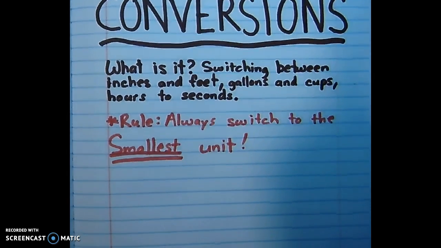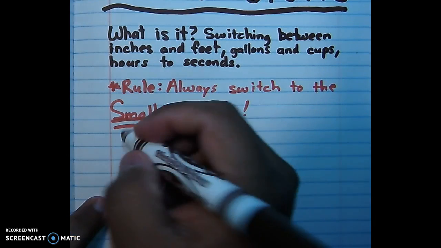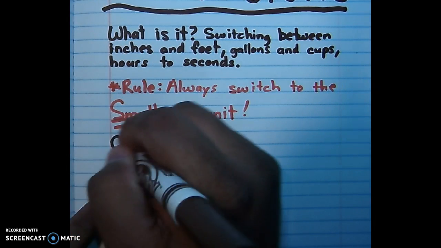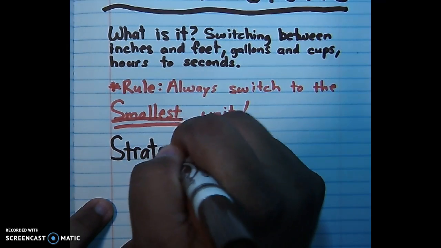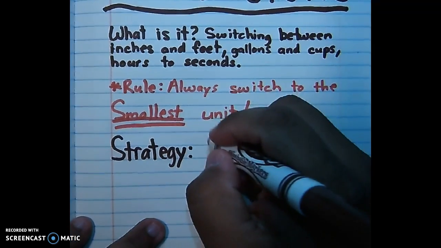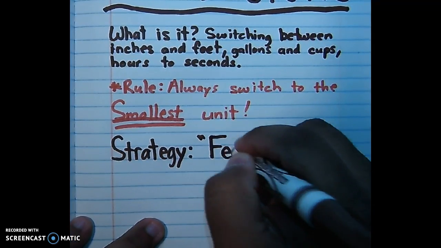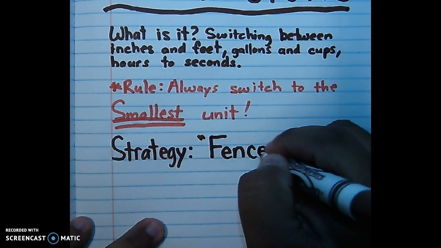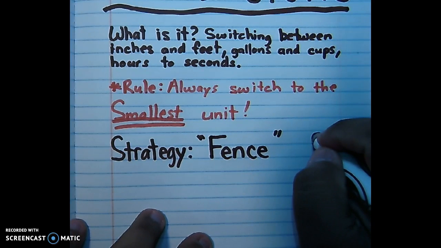Okay. The smallest unit. Now, new topic. We're going to look at a new strategy coming in for conversions. This is going to help you solve any conversion problem that you come across. So the strategy is called a fence, because what you're going to be drawing on your paper is something that looks like a fence.